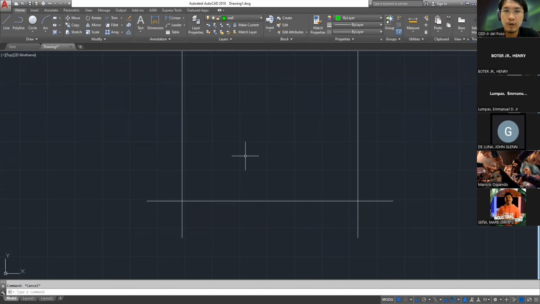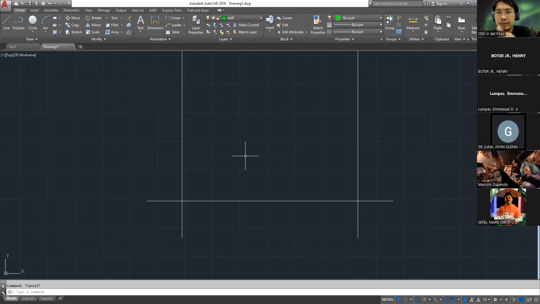Ibig sabihin ng outside wall, ang ibig sabihin nun, kung halimbawa ito yung pader, yung one part is sa loob ng bahay, the other part is sa labas ng bahay. So outer wall yon. Yung inner wall naman dito sa part na to is bahay pa rin and then nasa kabila is bahay pa rin. Ano example na inner wall? Yung partition sa kwarto.